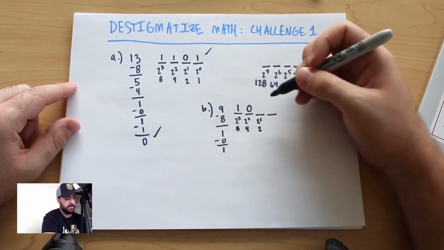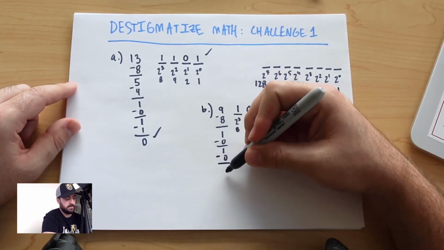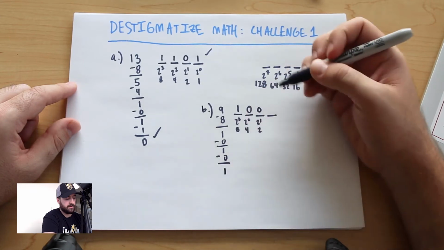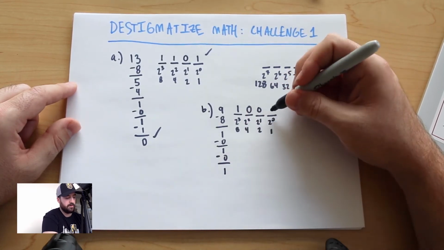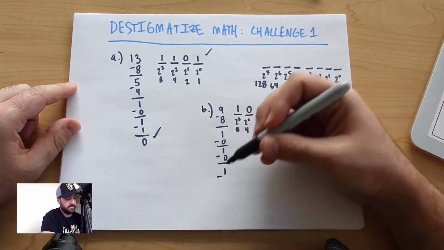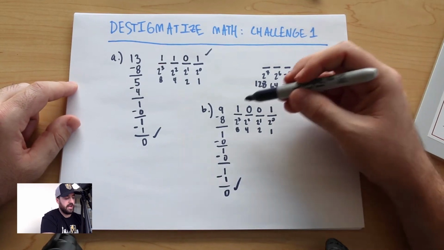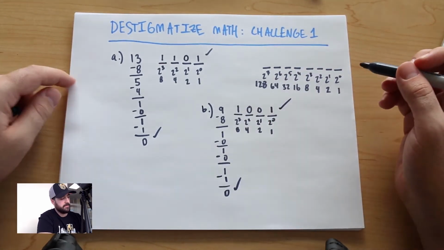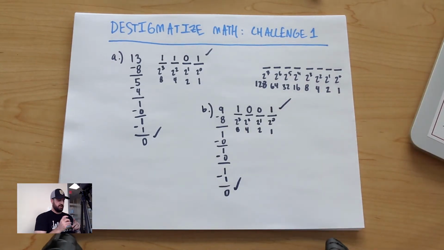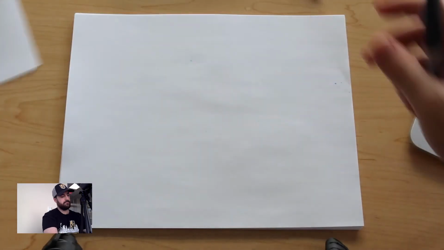No, so that's another 0. Then lastly, 2 to the 0 is 1. Does 1 fit into 1? Yes, 1 time. Subtract 1, we end up with 0, we're done. Let's check: 8 plus 1 is 9, the number was 9, so that's done. Let's move on to another page and we'll do the next two parts of the challenge problem.